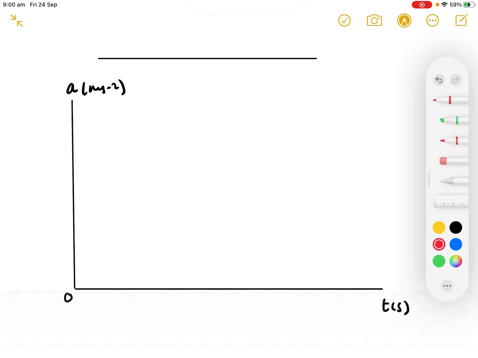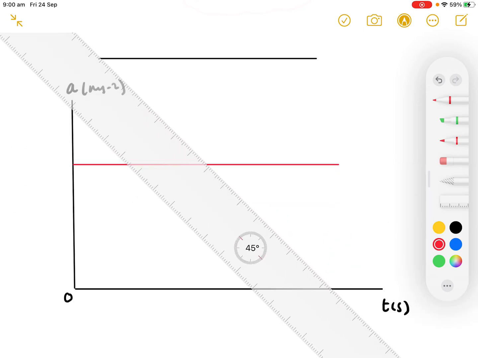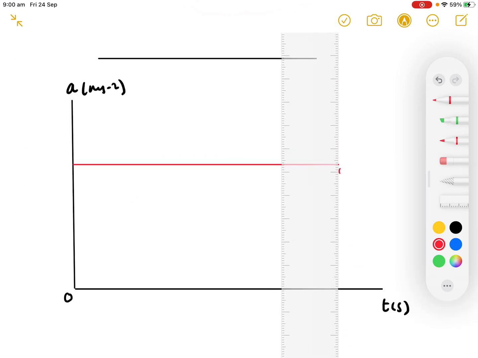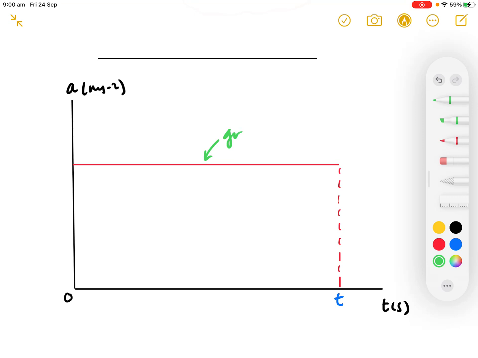Now, of course, this is for a uniform acceleration, so as you know, this graph will always be a nice straight line. These construction lines are always good to draw in just to show at what particular time the motion stops. Obviously the gradient of this graph is 0 because it's flat, so there's no great significance to that gradient. There's nothing to be learned from the area under that graph. We just need to know what it looks like.